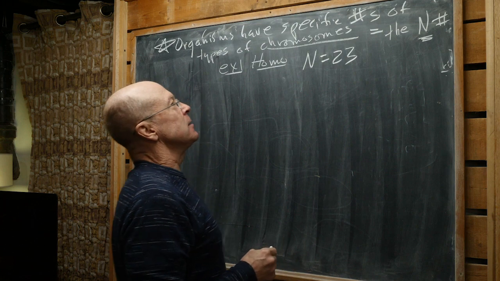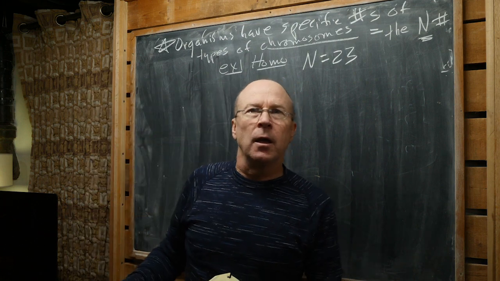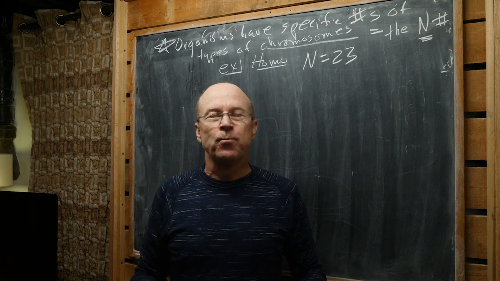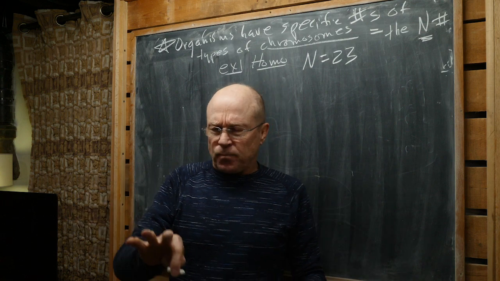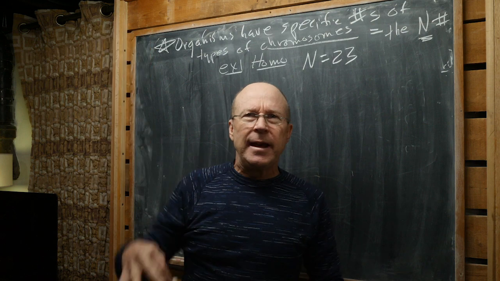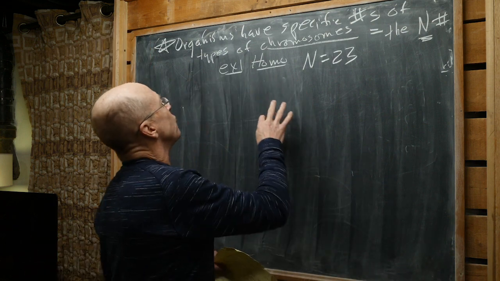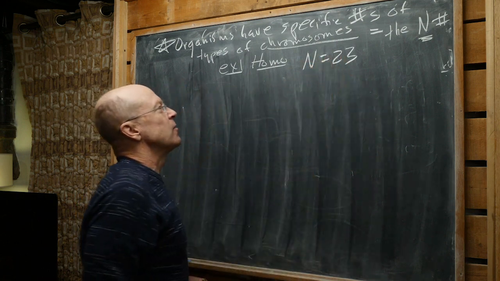As a matter of fact, I'm going to take you through a little tour of what's called a human karyotype on a PowerPoint slide a little bit later, so we can see all of the chromosomes of a typical human cell laid out in a photoplate. That's what a karyotype is. So Homo, that's our genus. We have 23 types of chromosomes.